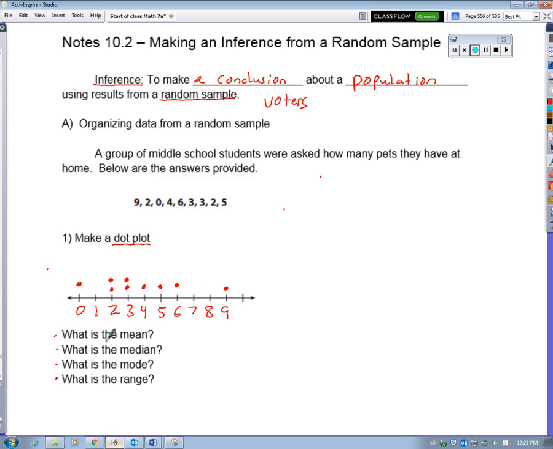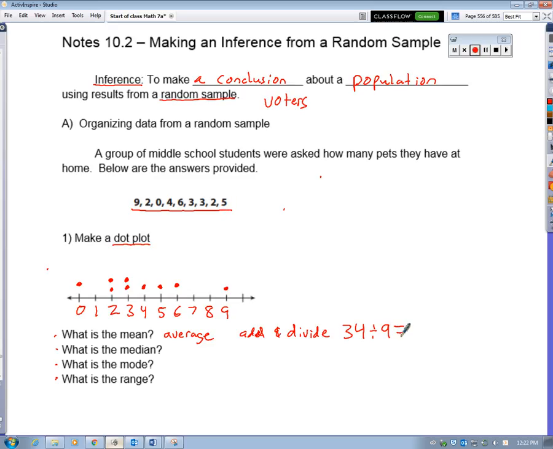So first of all, what is the mean? That's just the same thing as the average. Okay, and remember with the average, you add and then divide. Okay, add and divide. So if I add up all of these numbers here, that is going to get me 34. And then I have to divide it by how many numbers I have. I have 9 numbers total.